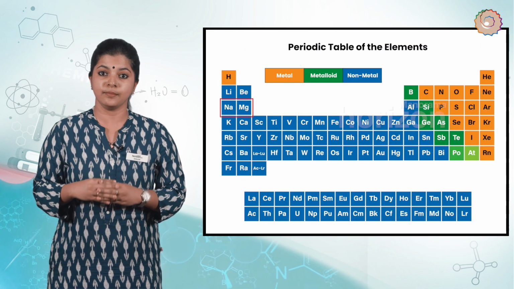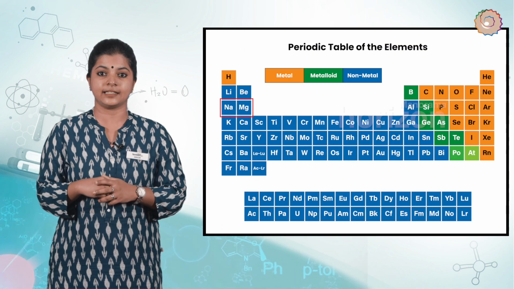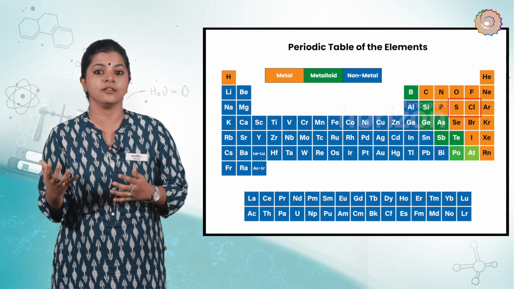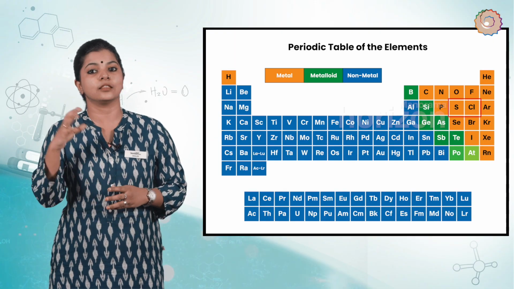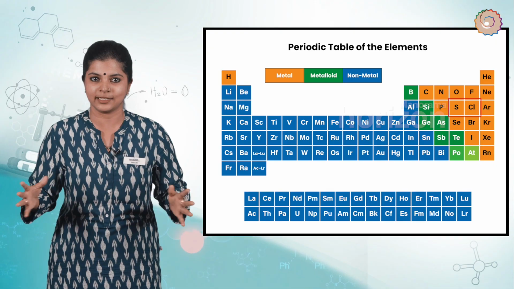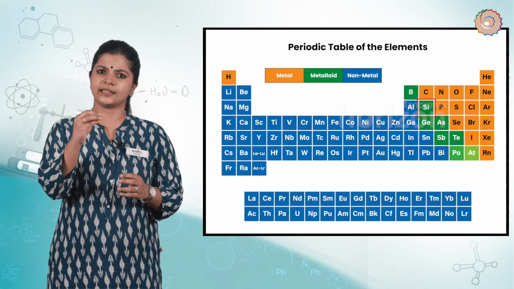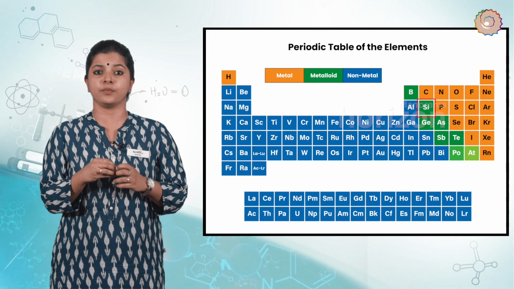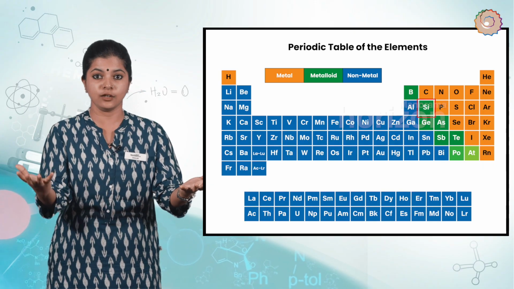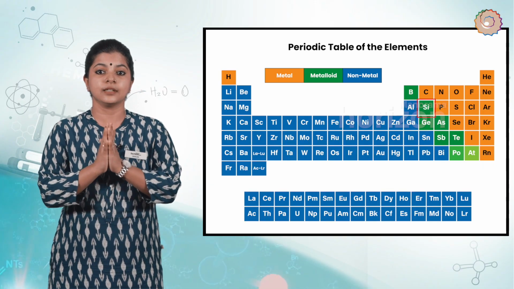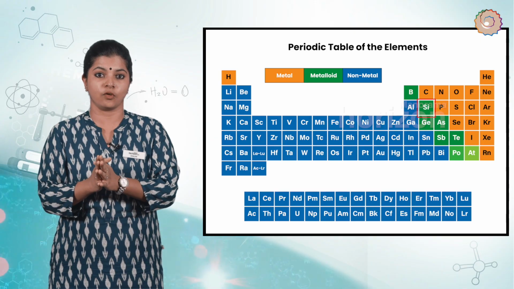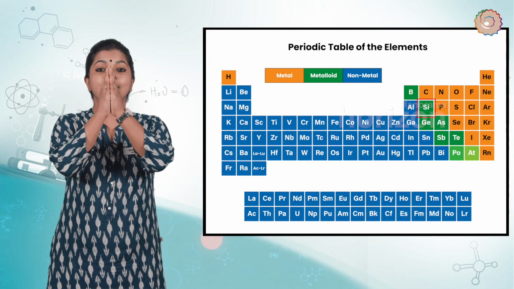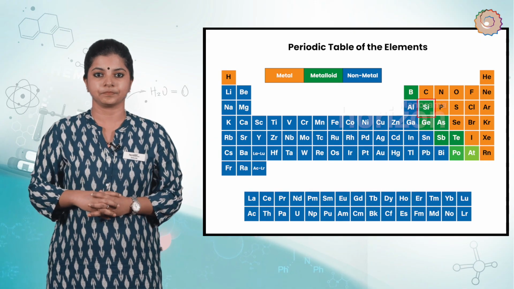Metals like sodium and magnesium occupy the left hand side, whereas non-metals like sulfur and chlorine occupy the right hand side of the periodic table. Silicon and some other elements exhibiting properties of both metals and non-metals are termed semi-metals or metalloids and are positioned in the middle of the periodic table.